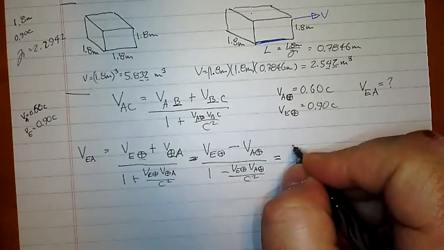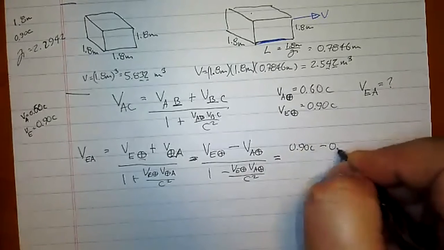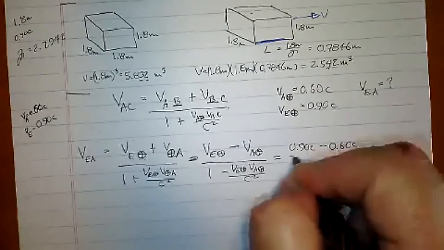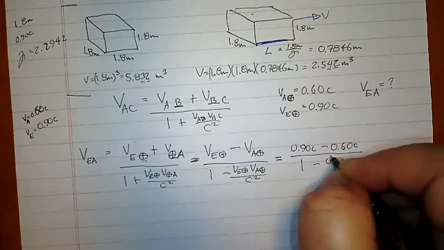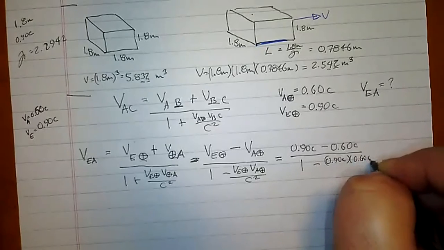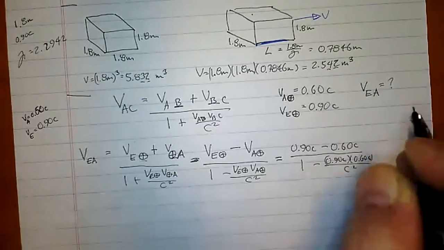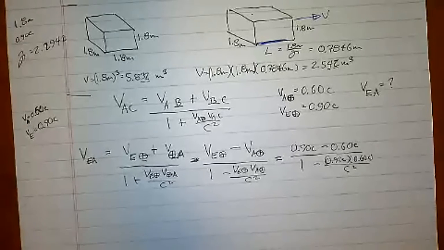So you get 0.3 C, right? Yeah, for the top, right? Then that'd be over 0.4. 0.9 times 0.6 should be 9 times 6, which would be 54.